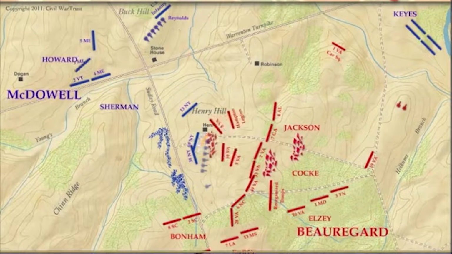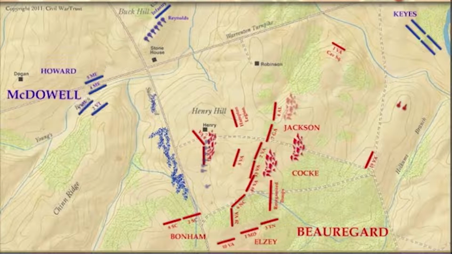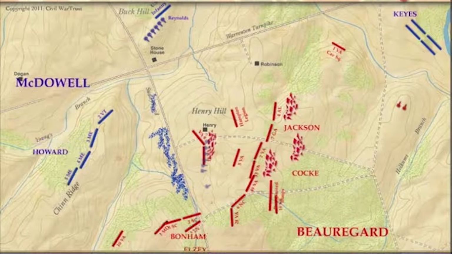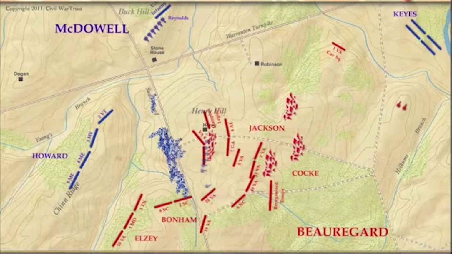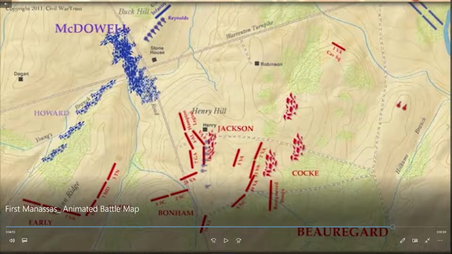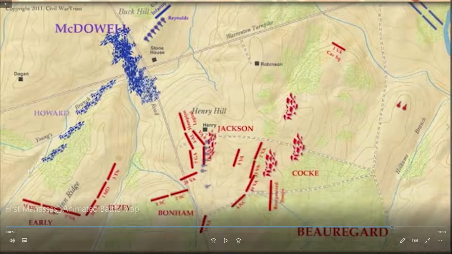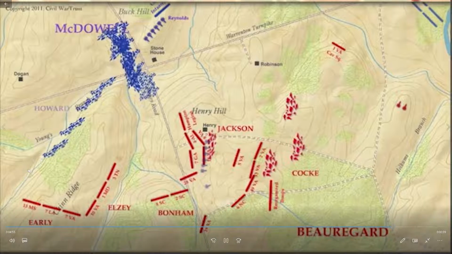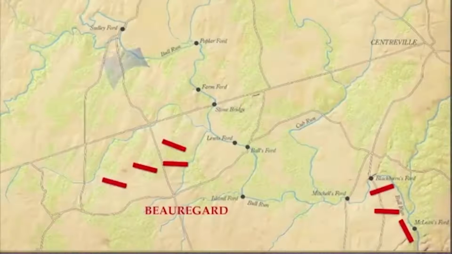By the time the last Union reinforcements arrive, they move on to Chinn Ridge and find they are already outflanked. The Southerners are able to easily push these troops off the battlefield. And they retreat along with the rest of the Union Army.